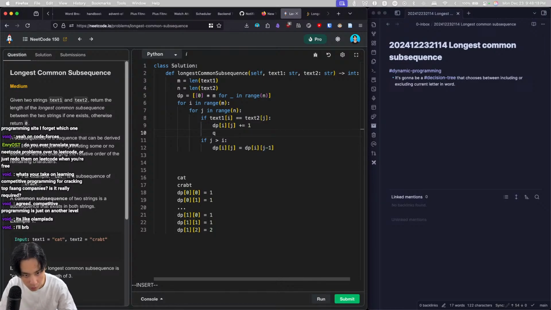Alright, so look. If j is greater than I, if j is equal to 0, then j and yeah.